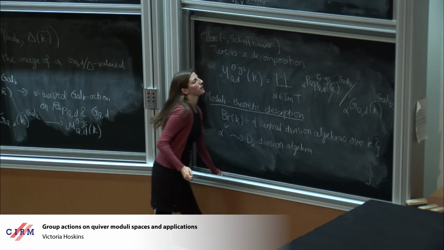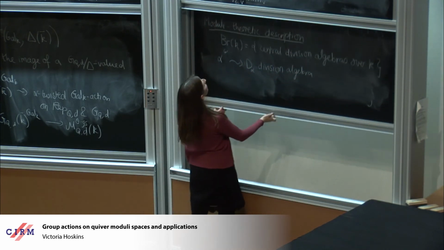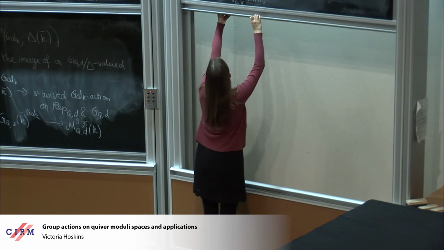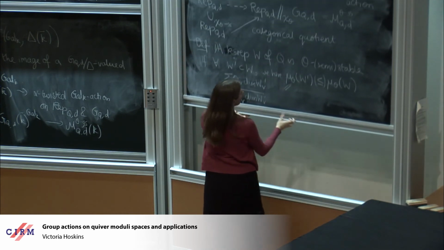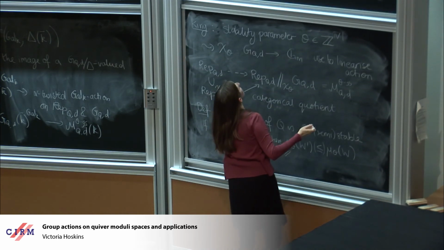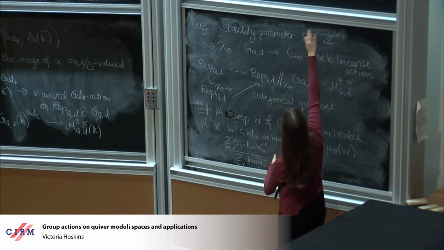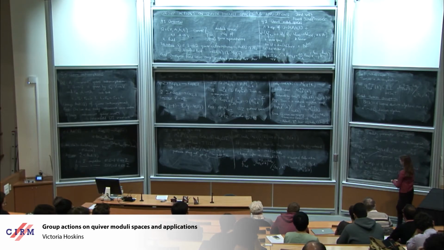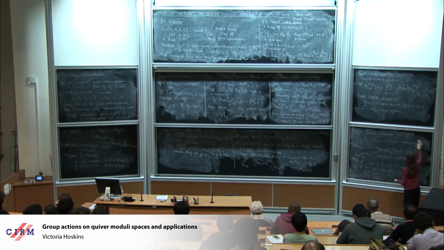So, by Galois descent, for this twisted action, we can construct new K varieties whose K points are precisely the points up here to the left and to the right. Okay.